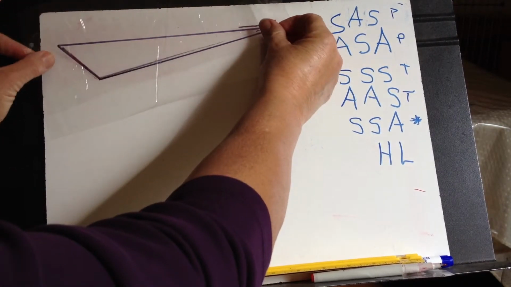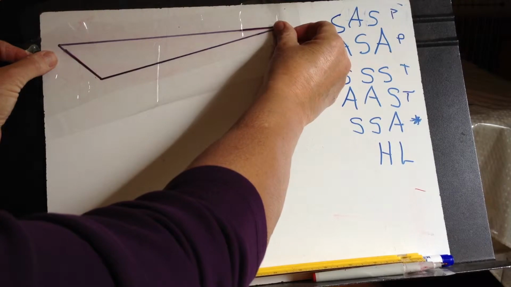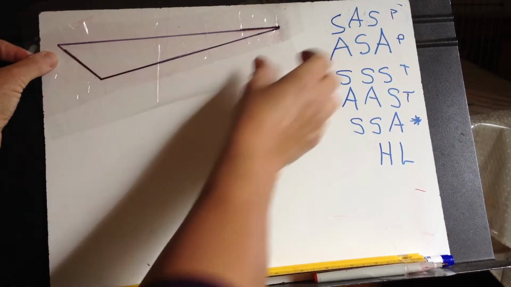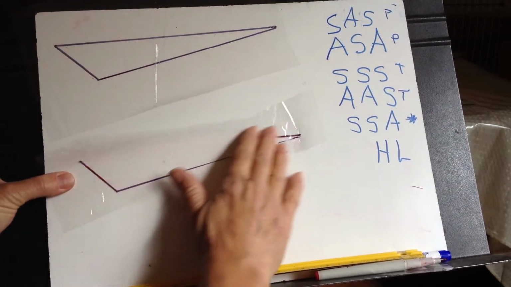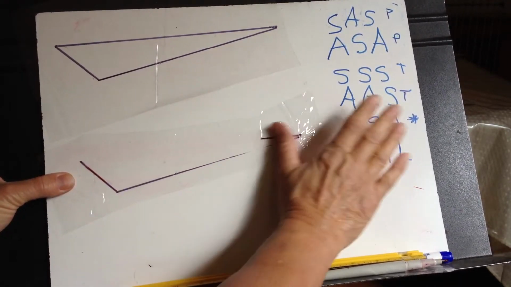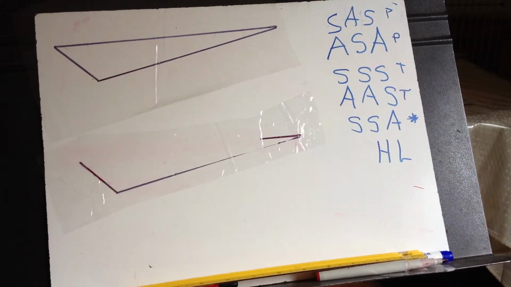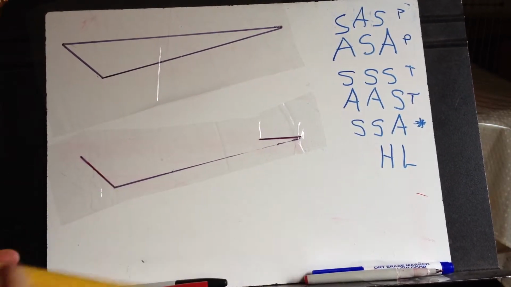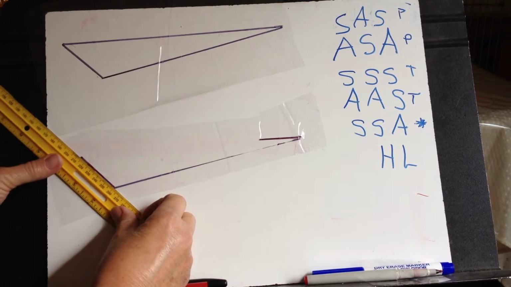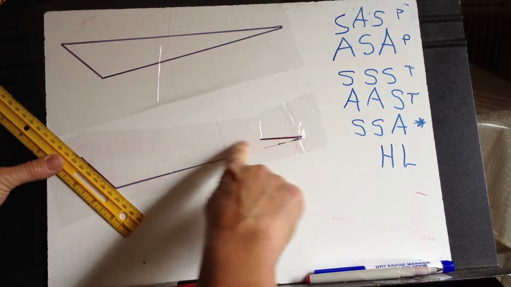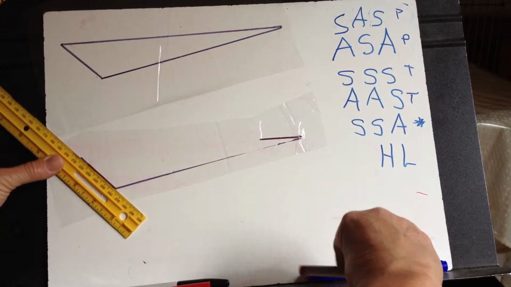So I've copied this angle and the side and the other angle at the end. But notice I haven't extended the angle up. Is there any way, with those parts, to complete this triangle and not come up with the original triangle? So let's try and see what happens. I'm going to have to extend this side to make it long enough to meet up with that side right over there.